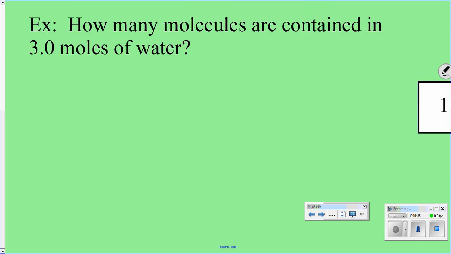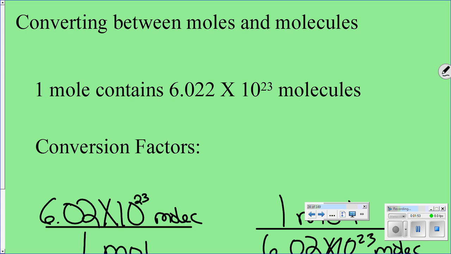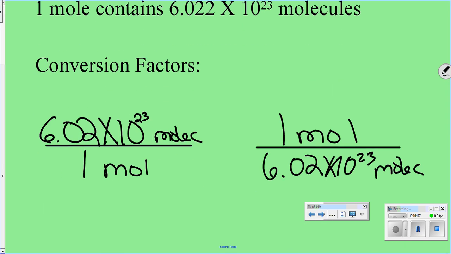So if we want to know how many molecules are contained in 3 moles of water, we're going to start by saying, okay, we got 3.0 moles of water, and we want to end up in molecules. I want moles to go away. So what I'm going to do is put moles on the bottom, and I can go right back to my other screen over here. My factor with moles on the bottom has 6.0 times 10 to the 23rd molecules on top.